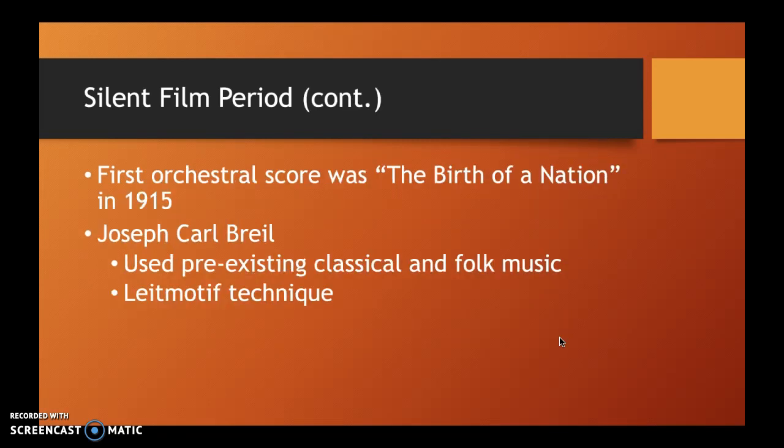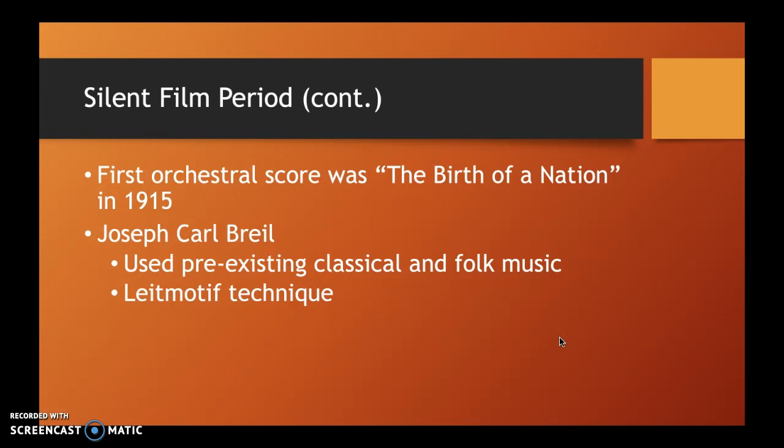The first orchestral score was The Birth of a Nation in 1915 by Joseph Carl Breil, and he used pre-existing classical and folk music and the leitmotif technique.